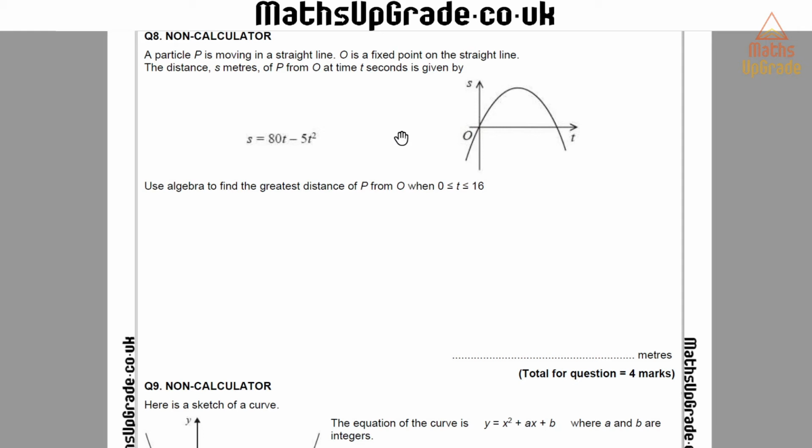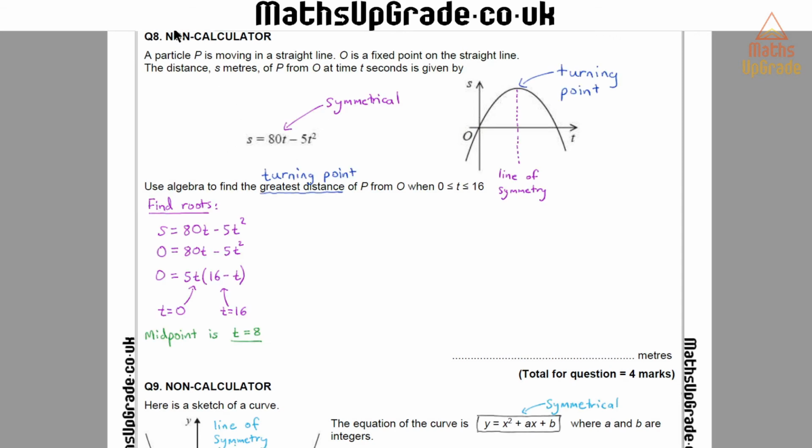So first of all, I'm going to see where the curve cuts the x-axis, the t-axis there. To find that, essentially I need to put s equal to 0. So in this equation here, I'm going to put s equal to 0. So I've got 0 equals 80t minus 5t squared. So I'm just going to factorize this. 5 is a common factor of 80 and 5, and so is t.